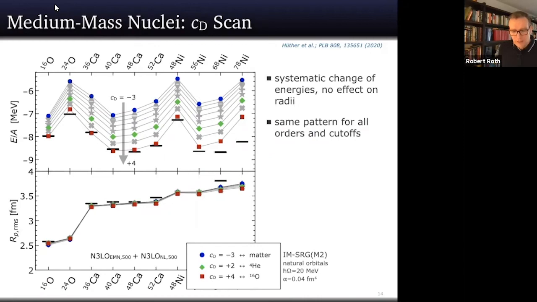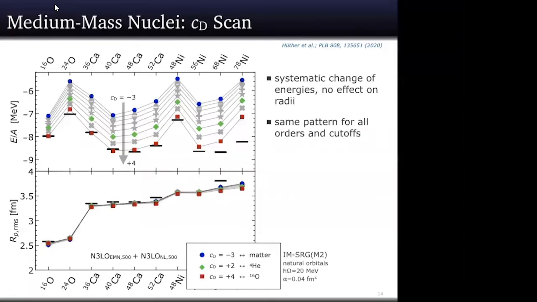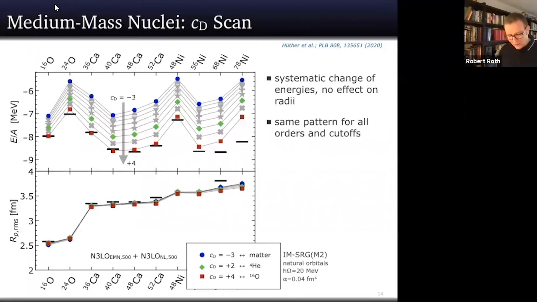The thing is simply, if you do fits in few-body systems, you have a very long lever arm up to the medium mass. So any tiny change in few-body might induce a big change in a heavy nucleus. Therefore, it's much more robust if you do this fit in a heavy nucleus.